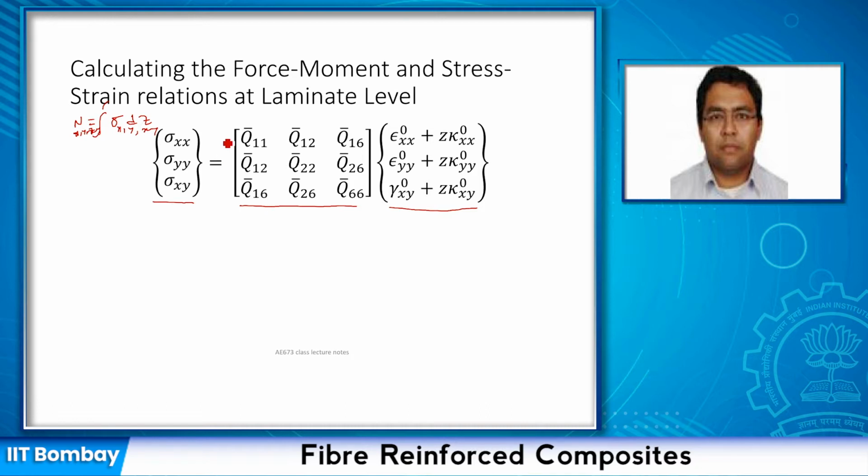For N x, defined as the integral of sigma x dz, we take the sigma x expression: Q bar 11 times epsilon 0 xx plus z kappa 0 xx, plus Q bar 12, like that. You substitute that into the integral expression.